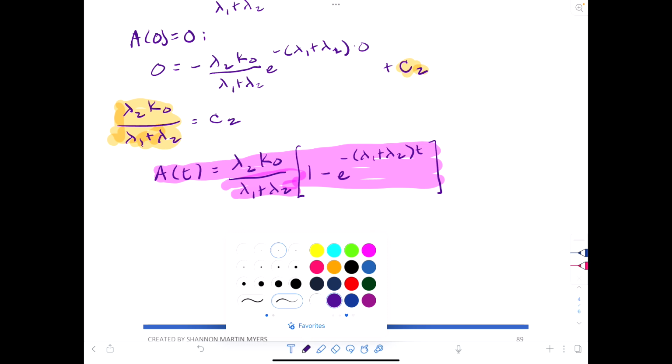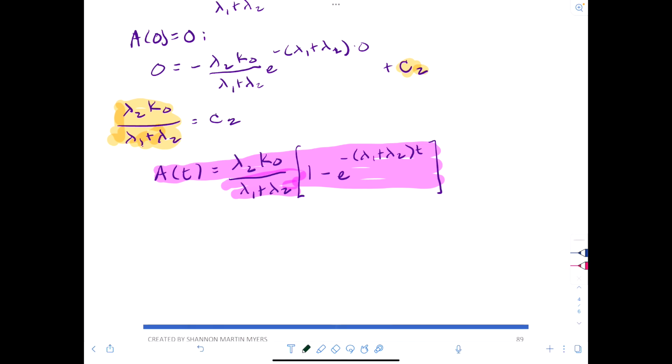Now we will have C. We want to find dC/dt.